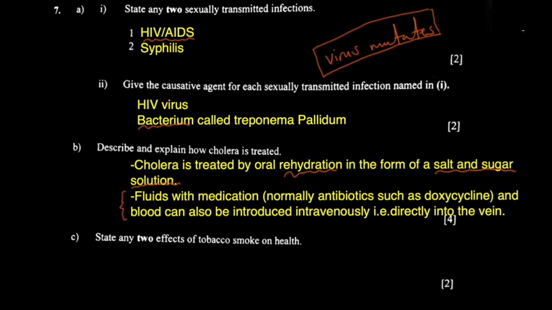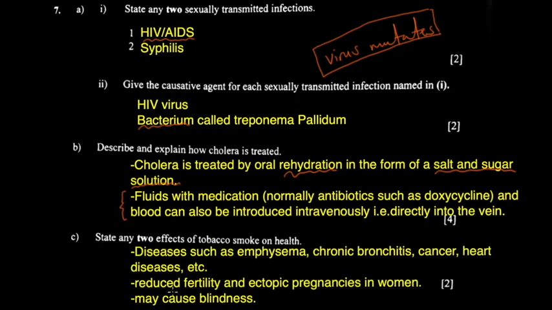The next part says state any two effects of tobacco smoke on health. So any two effects. I actually included three here. Diseases, it's always good to include them as one. So diseases such as emphysema and chronic bronchitis, and you also have cancer. You also have heart diseases.